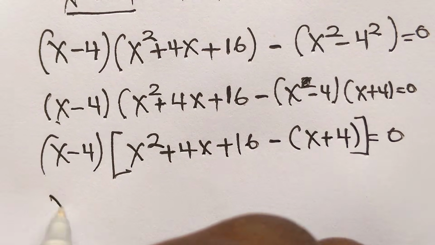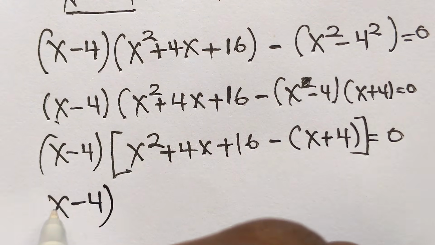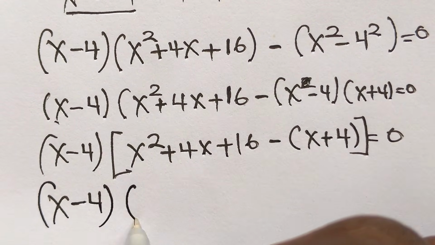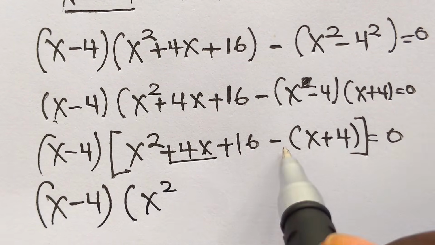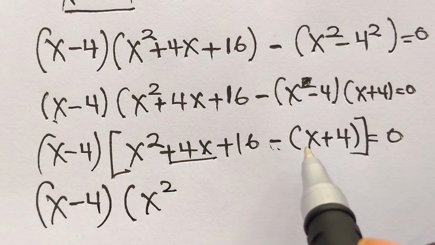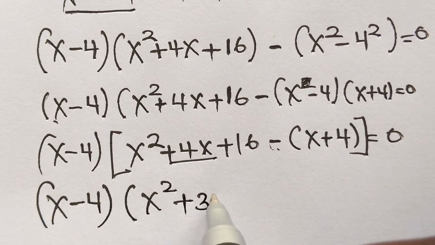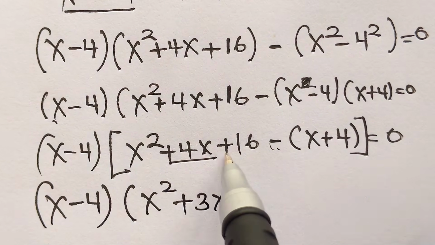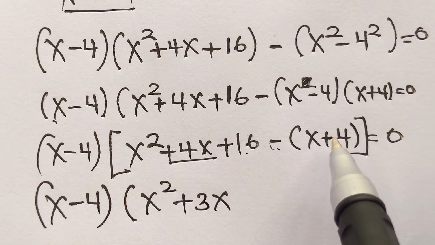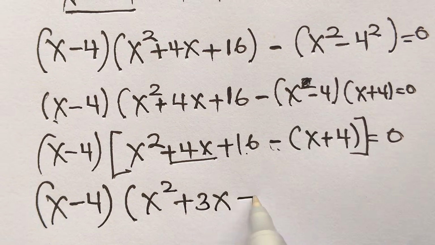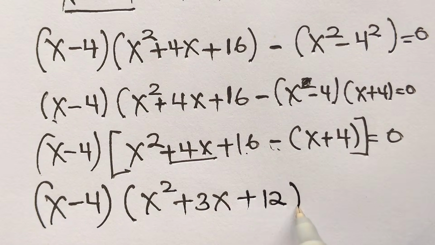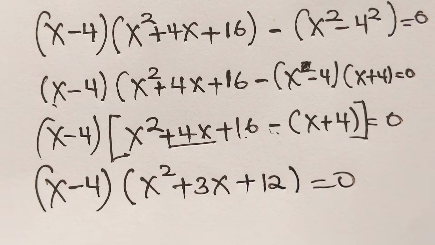Then we have x minus 4, open bracket, x squared, and here we have 4x and minus x, so we shall get plus 3x, and here we have 16 and minus 4, so we shall get plus 12, which is equal to 0.